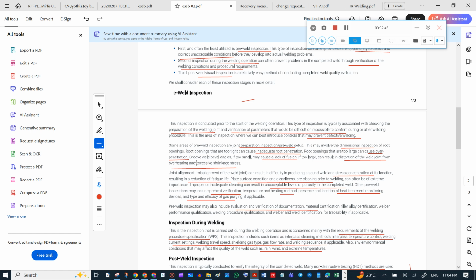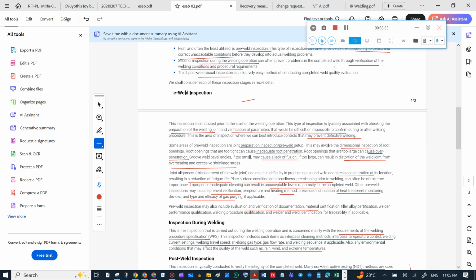The groove weld bevel angles, if too small, can cause a lack of fusion, and if too large, cause a distortion of the weld joint from overheating. So too much weld deposit will be there, and too much overheating causes excessive shrinkage stresses, and may cause cracks. Misalignment of the weld will result in difficulty in producing a sound weld and stress concentration at this location, resulting in a reduction of fatigue life.